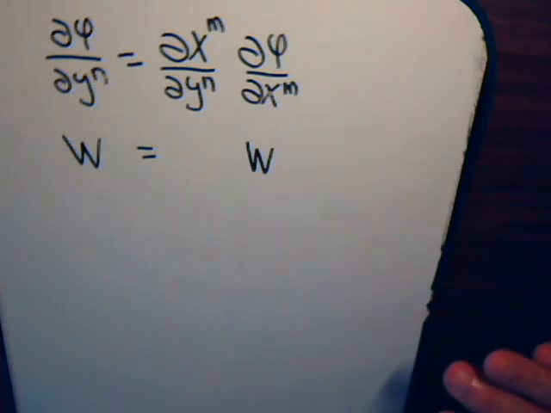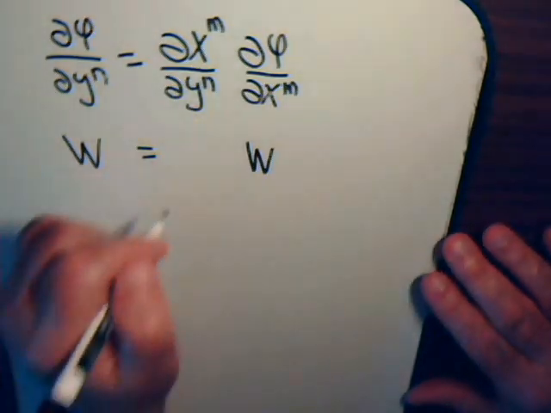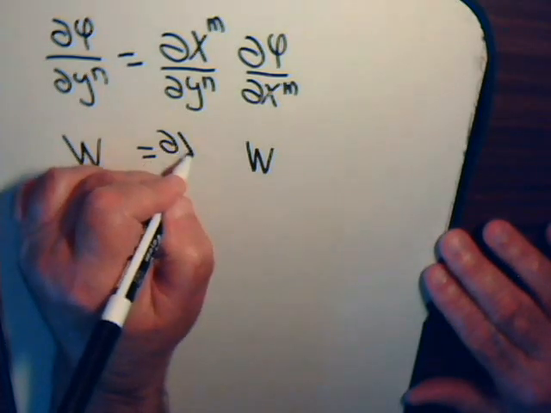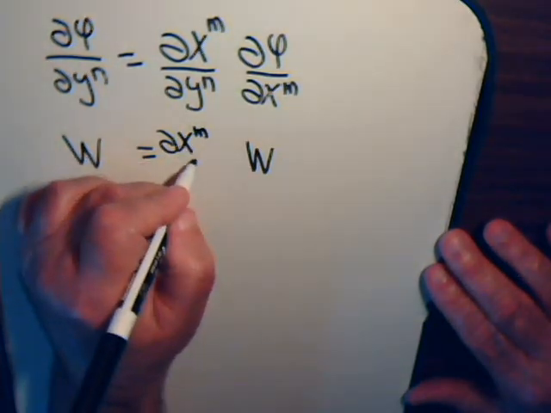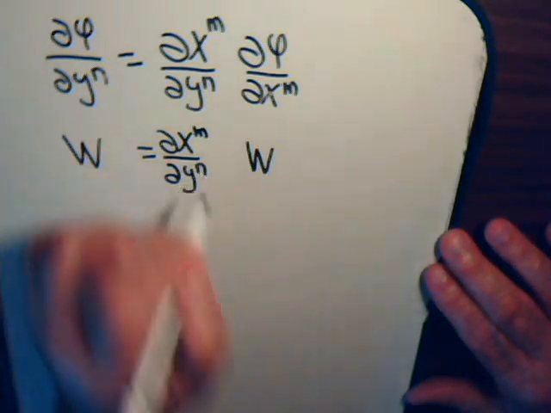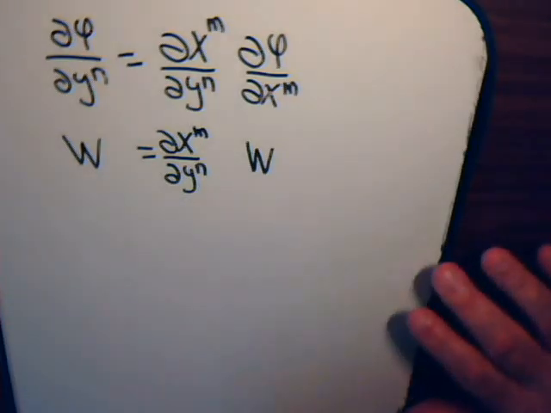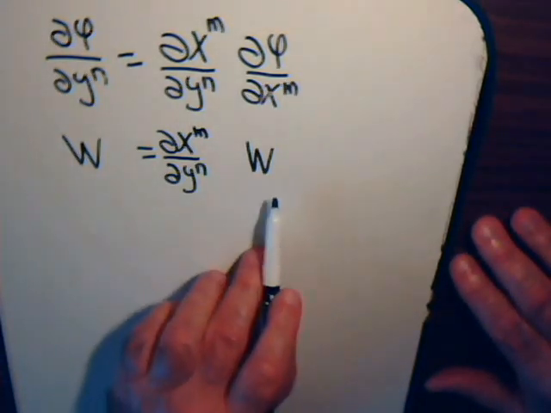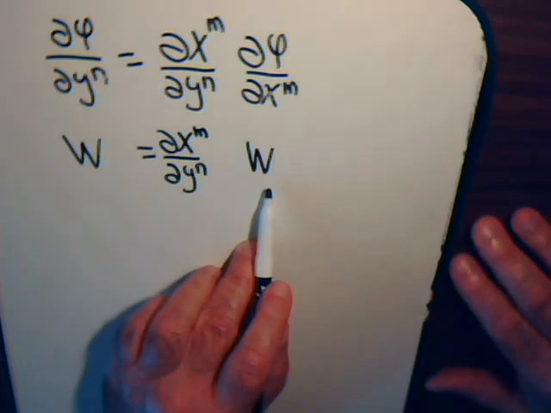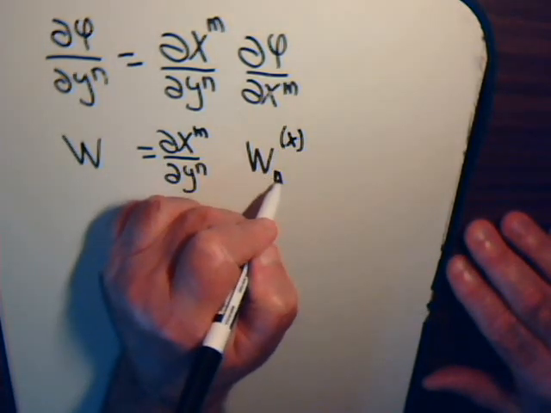If in order to make that transformation you have to use these sets of derivatives, then that is a covariant vector. Here we're in the x frame, so we have an m component.